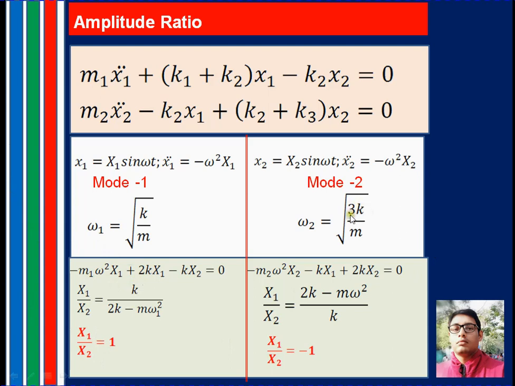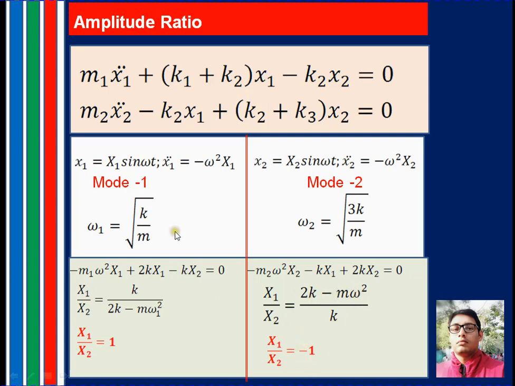But in mode 2, omega 2 is root of 3k by m. Substituting the value of omega 2 as root of 3k by m, the term will be 2k minus m into 3k by m, that is 2k minus 3k, divided by k, that is minus 1.